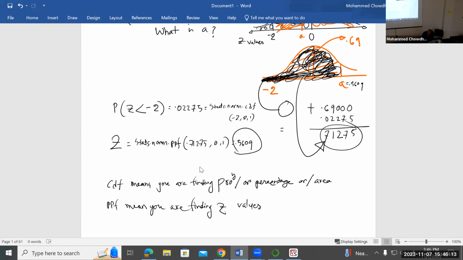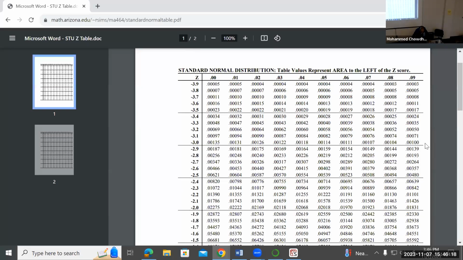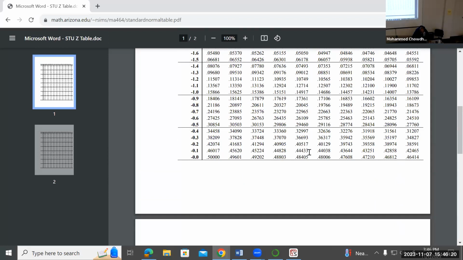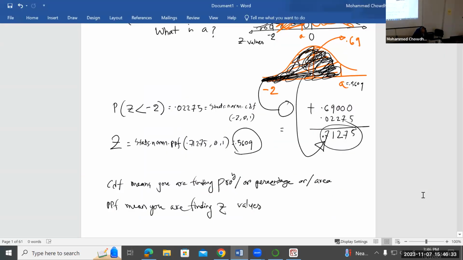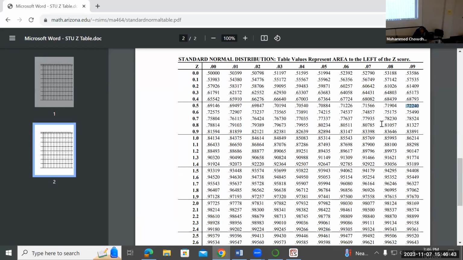In order to find this by using the table, let us go there. So this is 0.5 and then 0.72. Here is the 0.72. Our value was 0.71275.